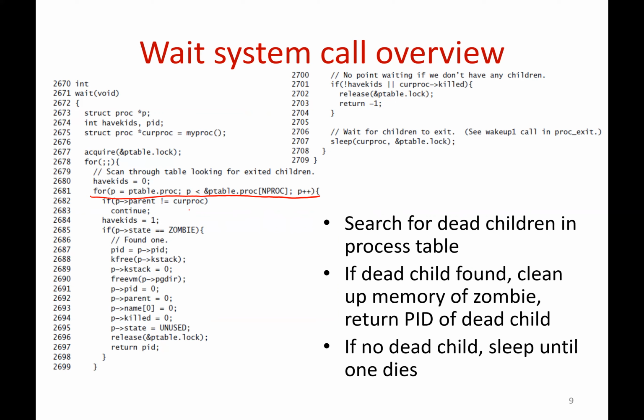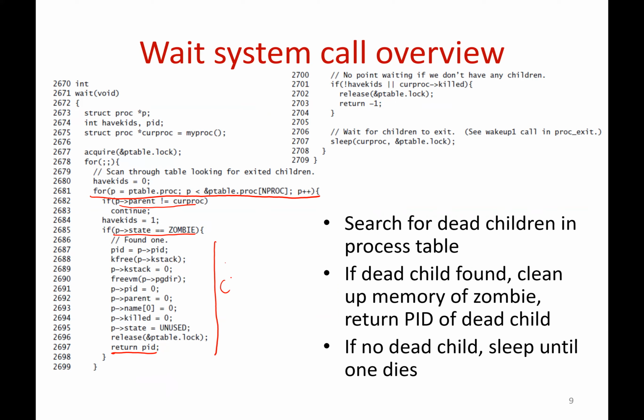If any process is its child and the process is a zombie, right? You're checking if I am the parent of that process, and if that process in the process table is a zombie, then I have found a dead child. Here is all the cleanup that happens and the wait system call will immediately return.